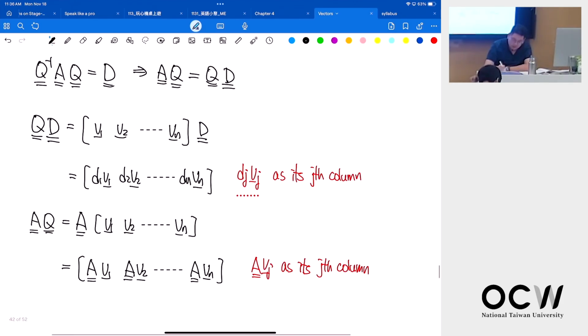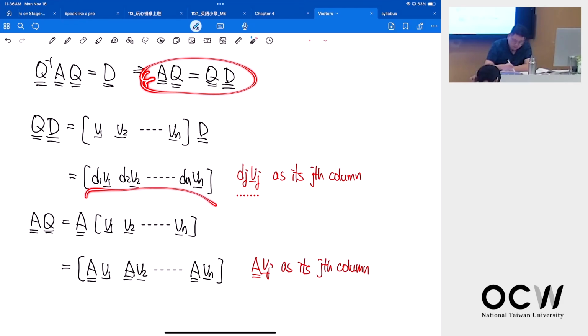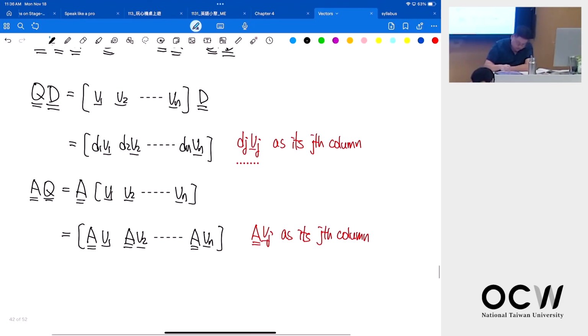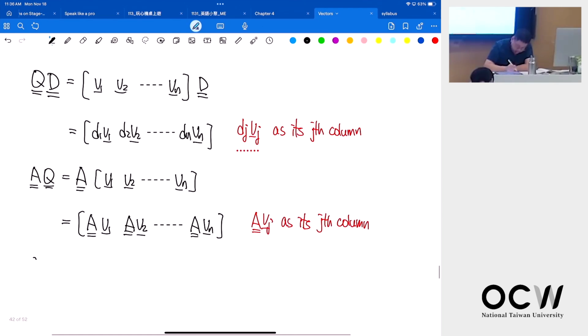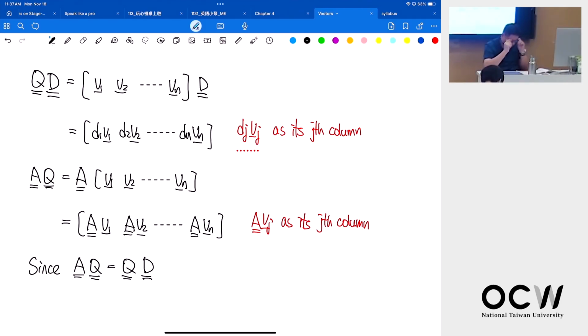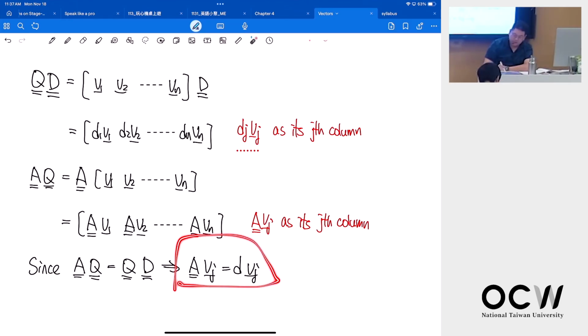Since they are equal, since AQ equals QD, then A Vj equals dj Vj. See?